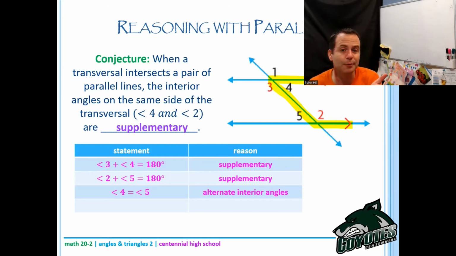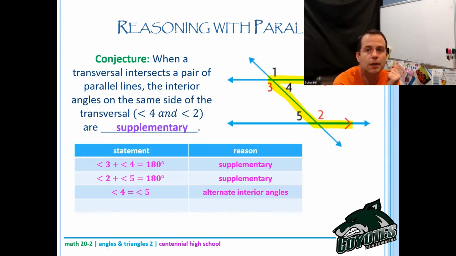So now look at everything we have. We have angle 3 and angle 4 add up to 180. We are trying to prove, I'm just going to get my ink back on and circle this for you, that angle 2 and angle 4 would add up to 180. So look, angle 3 and angle 4 add up to 180.